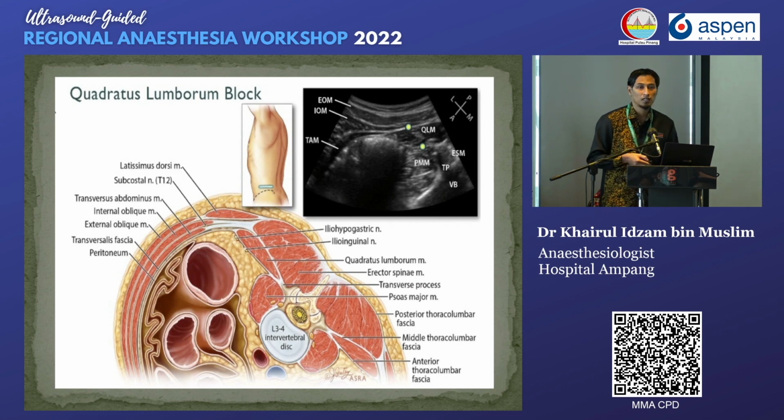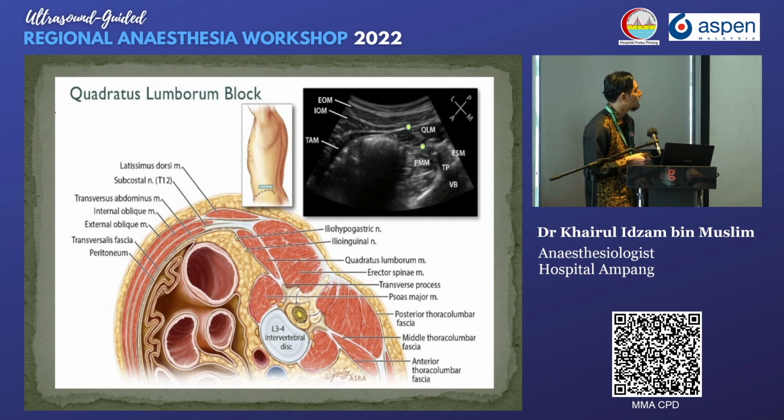So where to scan? Same as our TAP block, usually with the patient in lateral position, we place our transducer above the iliac crest and we can get this sonoanatomy, okay? So we can identify the three abdominal muscles: external oblique, internal oblique, and transversus abdominis.